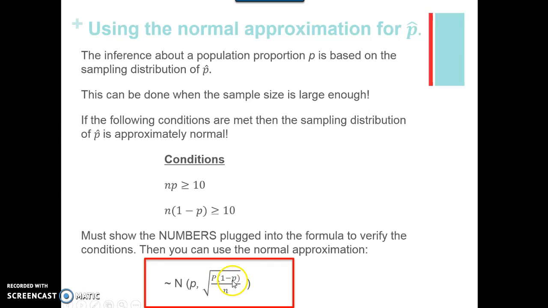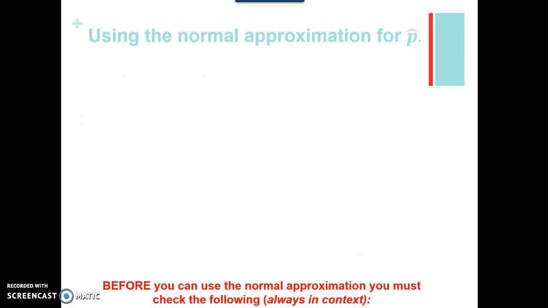You can't use p hat in this formula because the sampling distribution of p hat has hundreds of p hats in it. How would I know which one to choose to put in this formula? The normal distribution is based off of the population distribution, not off of one single sample. There are too many samples for us to randomly pick one to find the standard deviation.